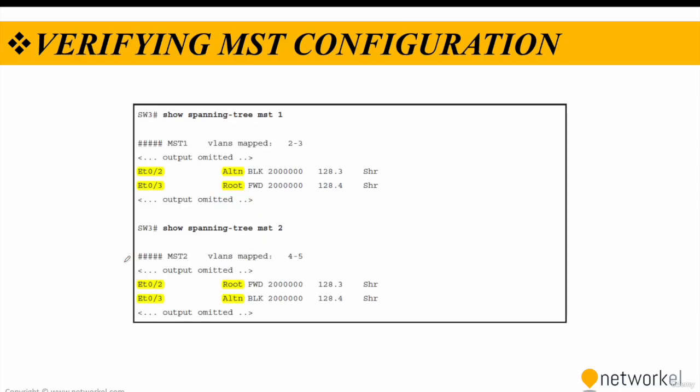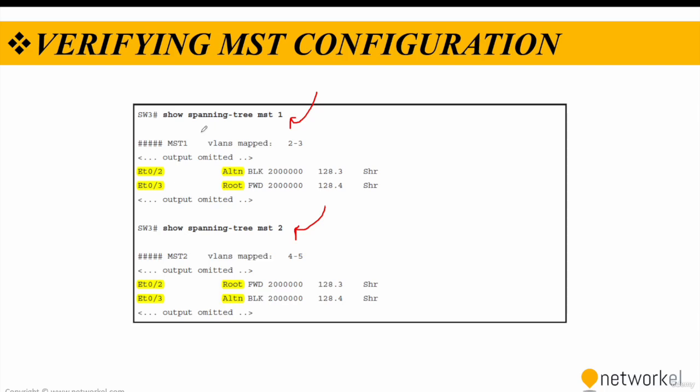To verify the configuration, we can use show spanning tree MST1 or show spanning tree MST2. Basically it is show spanning tree MST and the instance number. Okay, that is used to display information about MST instances.